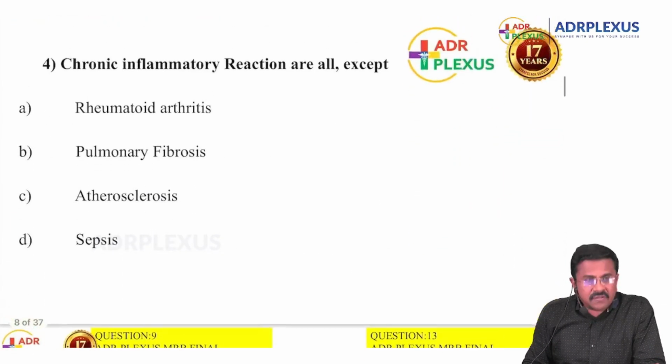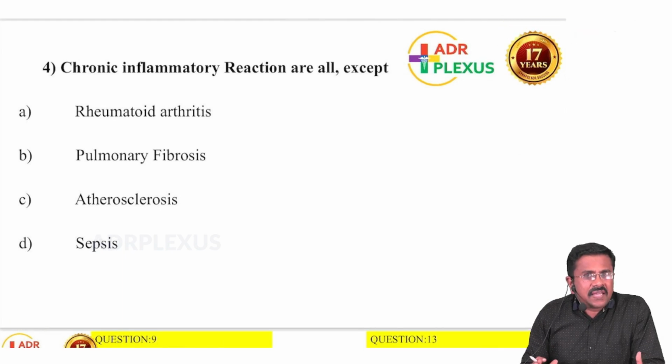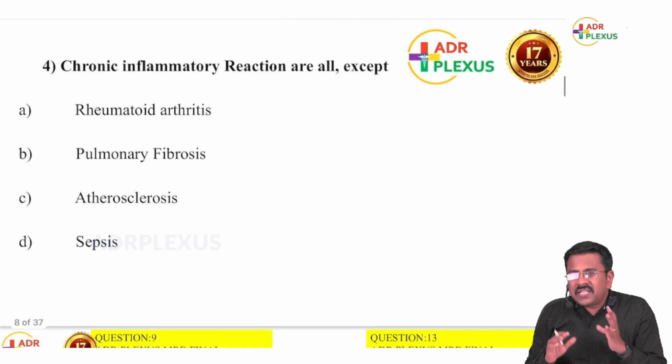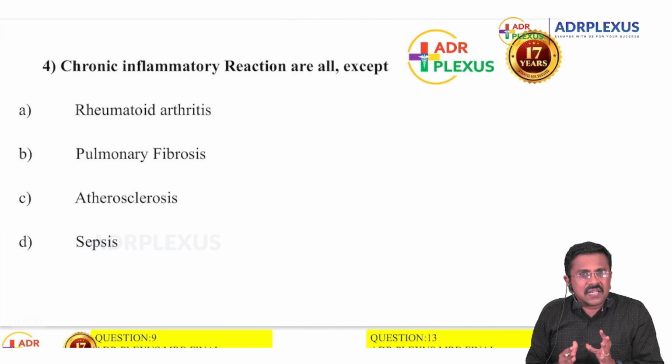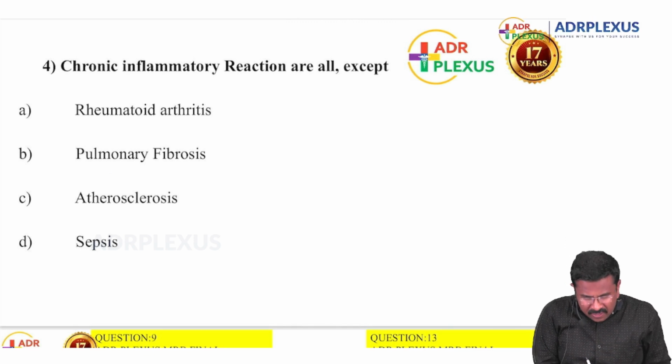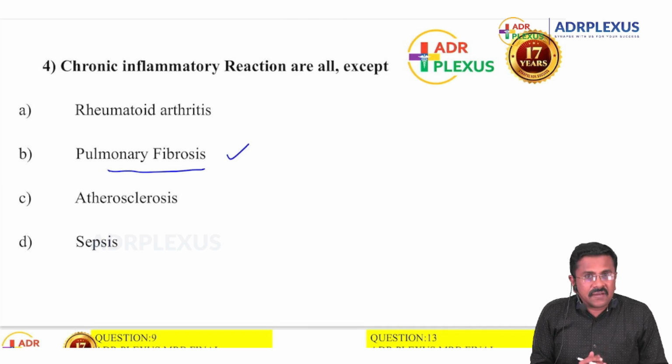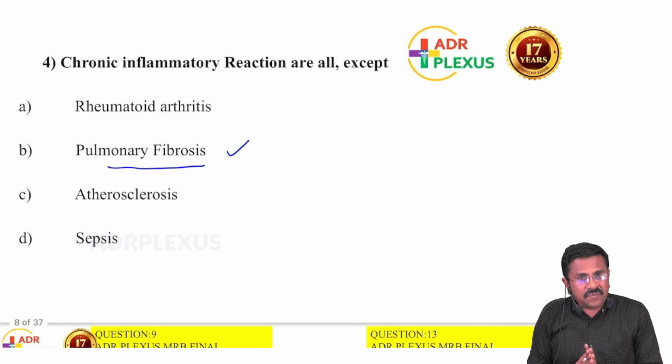Coming to the fourth question: chronic inflammatory reactions are all except rheumatoid arthritis, pulmonary fibrosis, atherosclerosis and sepsis. At various points during our discussion we insisted on the features of chronic inflammation, and you will regularly hear this from me: the hallmark of chronic inflammation is fibrosis. So pulmonary fibrosis is a chronic inflammatory condition, and rheumatoid arthritis obviously is a chronic inflammatory condition.